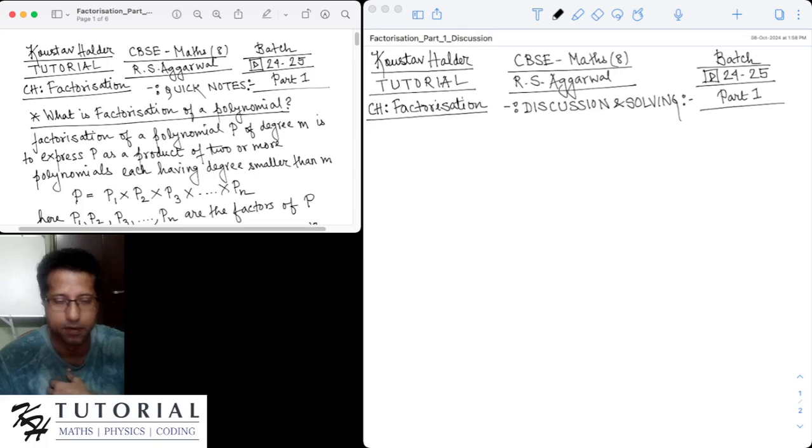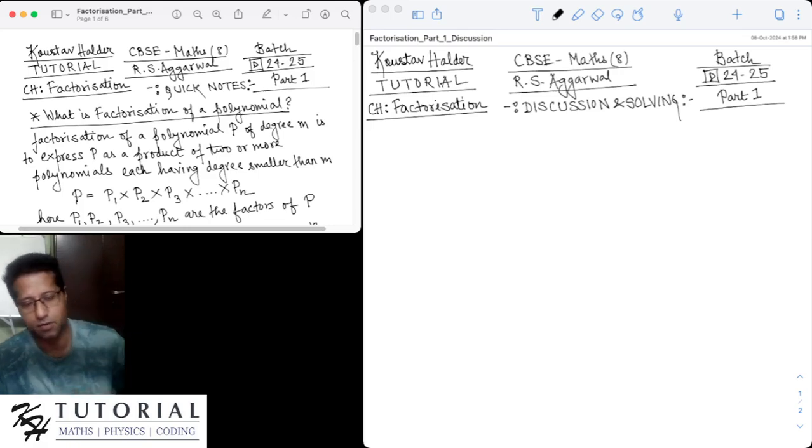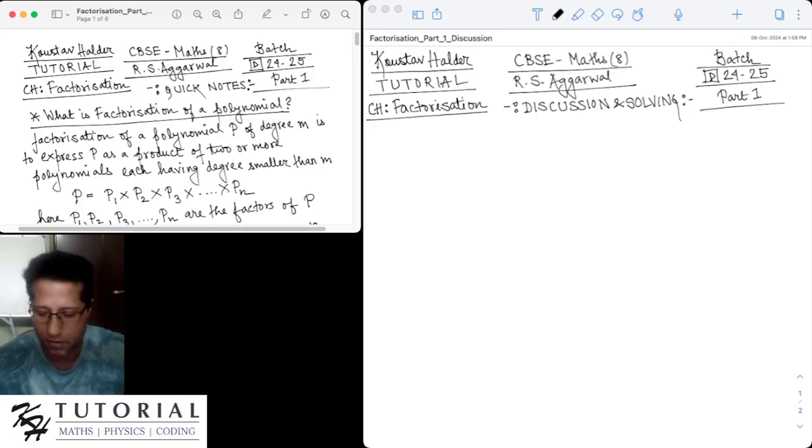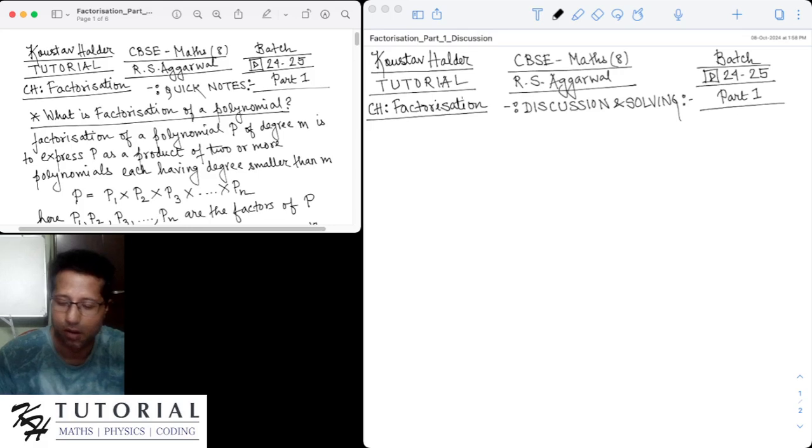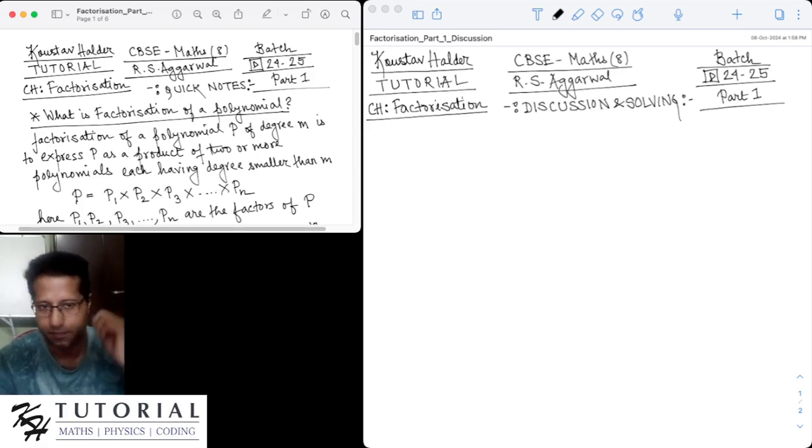You know that a polynomial is an algebraic expression, that is, it could be a monomial, binomial, trinomial, quadrinomial, that is, it has one or more than one, 2, 3, 4, 5, 6 terms, where the degree of a polynomial is always a non-negative integer, that is, the powers of the variables in the terms of an algebraic expression are always 0 or positive integers.